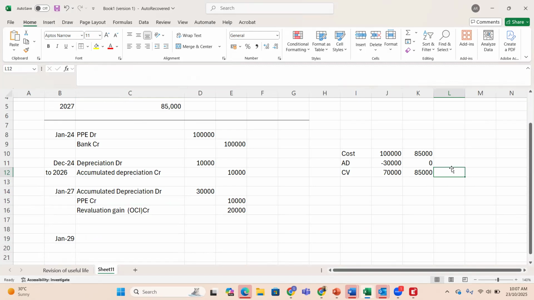Let's say 30,000. Now, what do you do? Carrying value, or the fair value of the asset on revaluation. Okay, I'll keep fair value is now, what do you do?